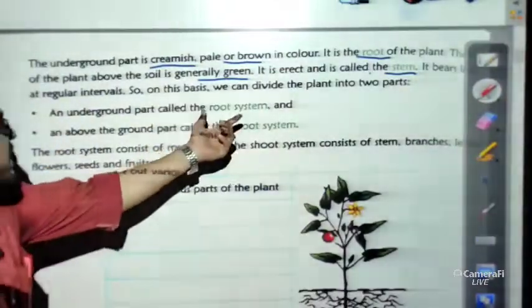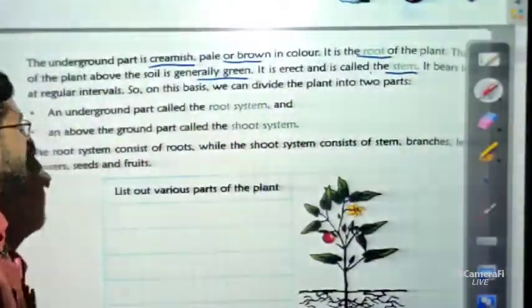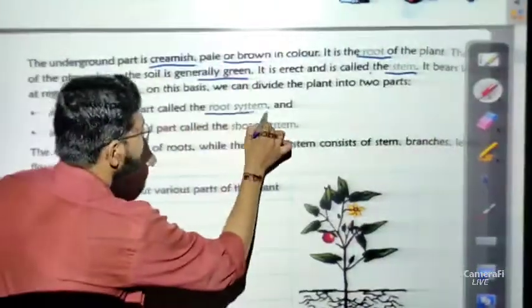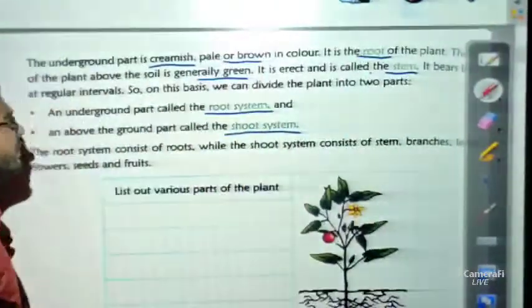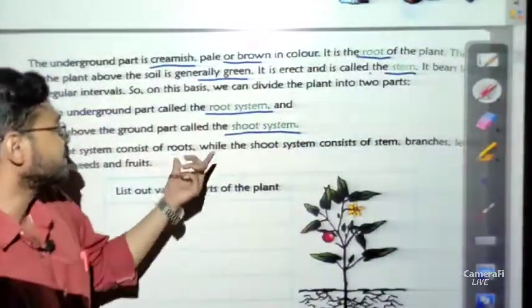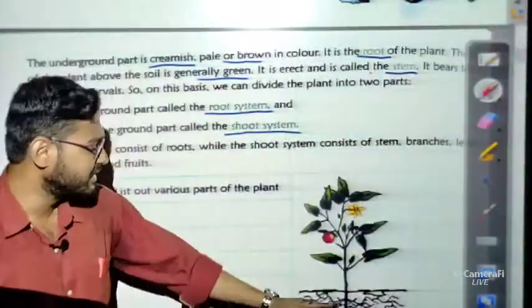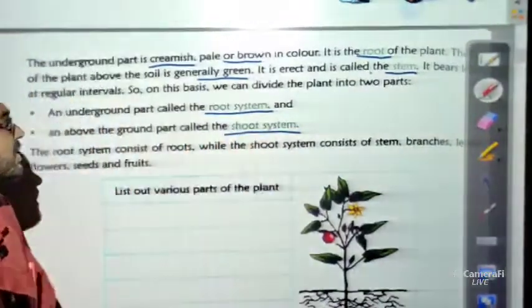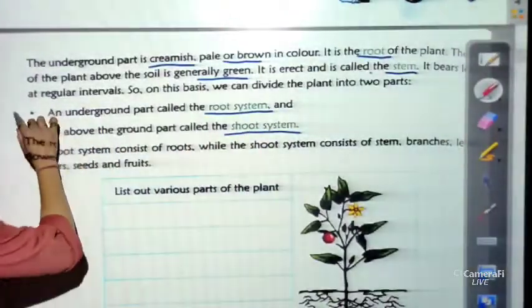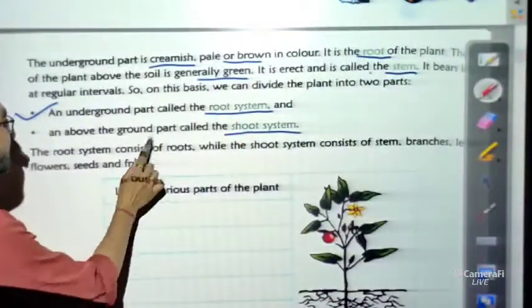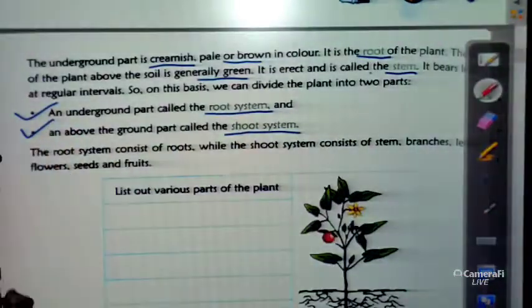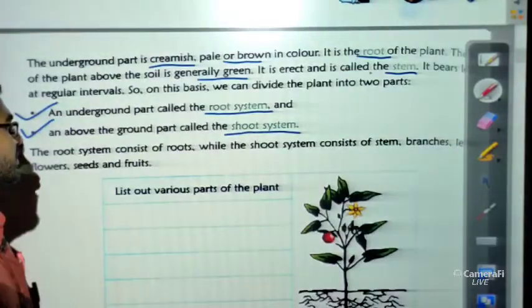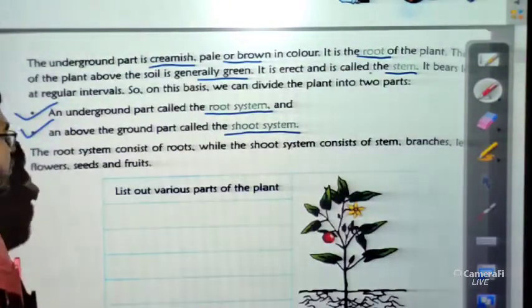On this basis we can divide the plant into two parts. We call them the root system and the shoot system. We have discussed what a root is: the underground part. The above-ground part we call the stem. The underground part is called the root system, and the above-ground part is called the shoot system. These two things, students, we are going to discuss in today's class.